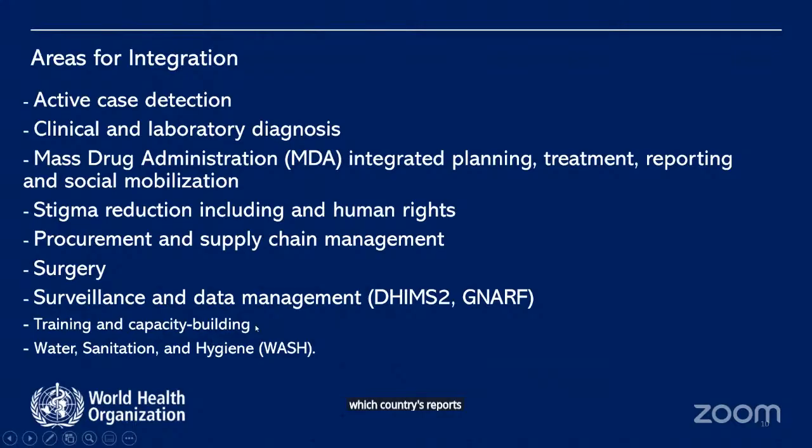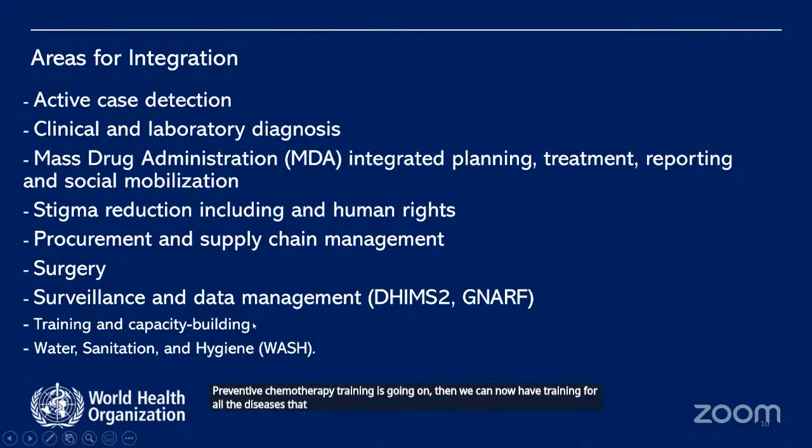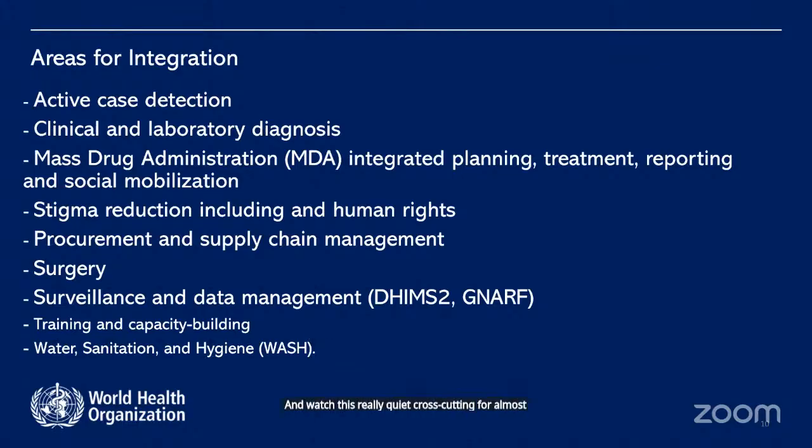Training could be integrated so that maybe when preventive chemotherapy training is going on, then we can have training for all the diseases that undergo the mass drug administration. And WASH is really quite cross-cutting for almost all the NTDs.